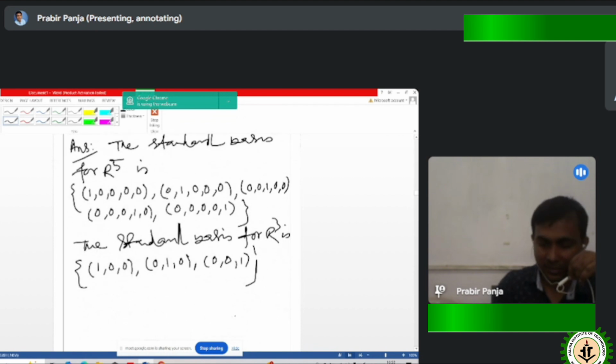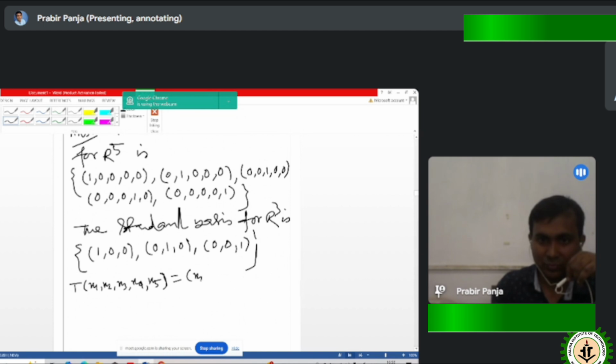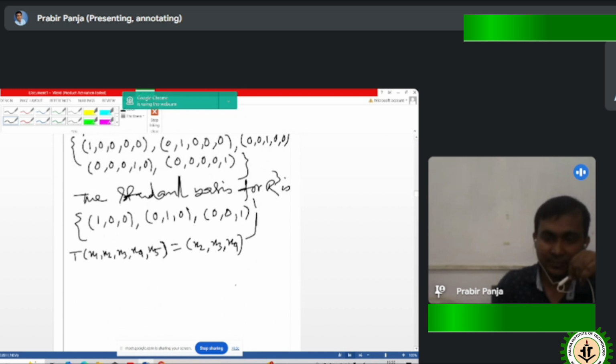First of all, our mapping was T of x1 x2 x3 x4 x5, and that value is equal to x2 x3 x4. Okay, so if we take the first element from the basis of R5, it will be T of 1 0 0 0 0.